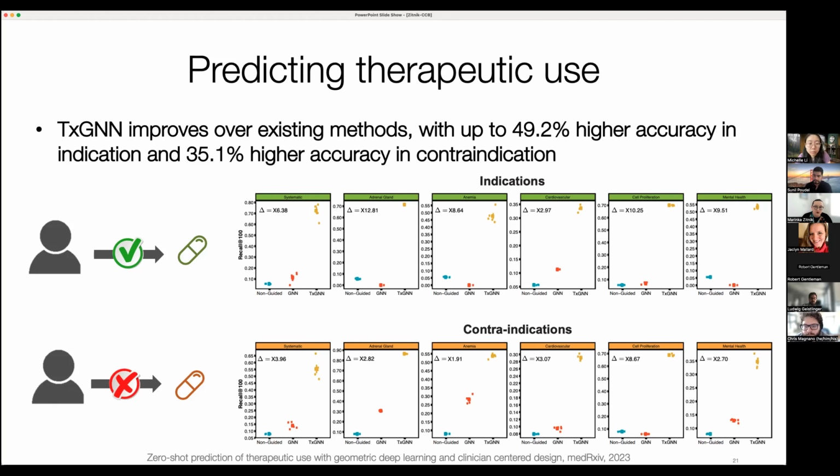And then we ask the model to nominate potential indications and potential contraindications for those diseases. Here performance is measured as recall at 100, where we calculate, out of the top 100 predictions the model made, how many are actually correct. And we're seeing substantial lift in performance across the disease areas relative to prior state-of-the-art methods and non-guided strategies.